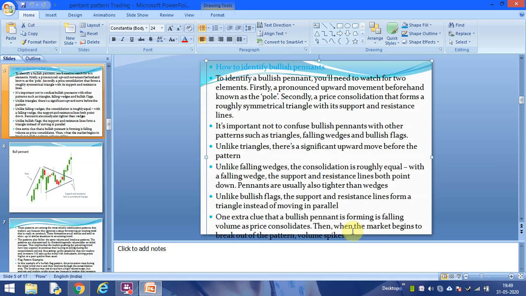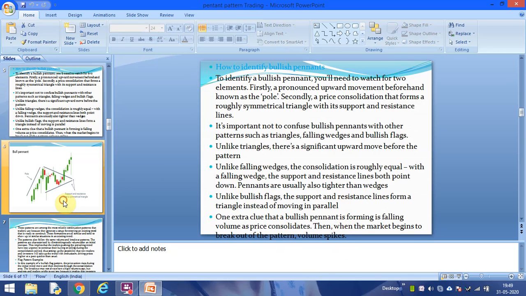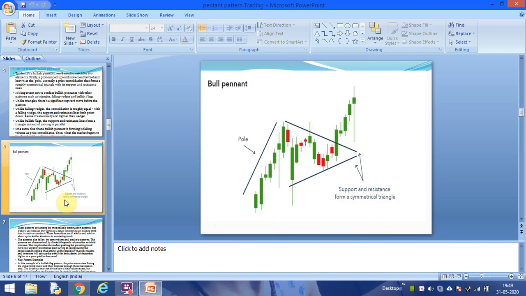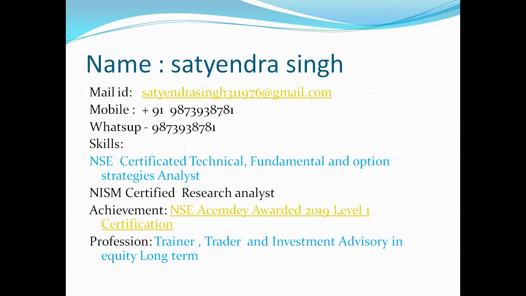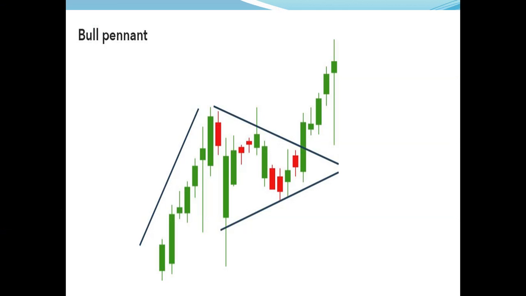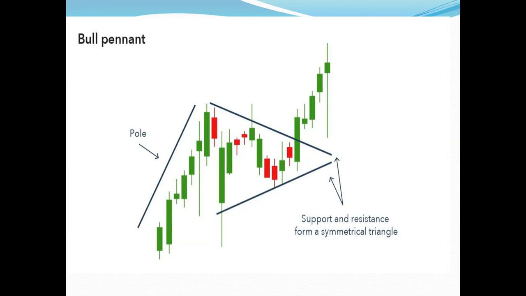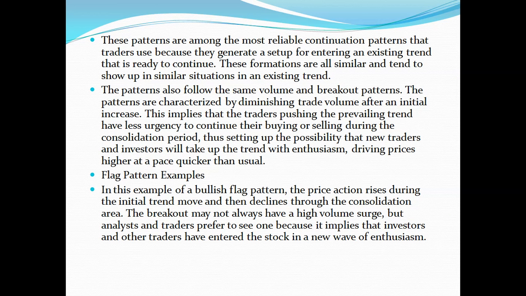Then when the market begins to break out, the pattern's volume spikes. So you see here, again, on the next one, this is a bull pennant. A pole is there, then you see support and resistance merging at one point, then the breakout.